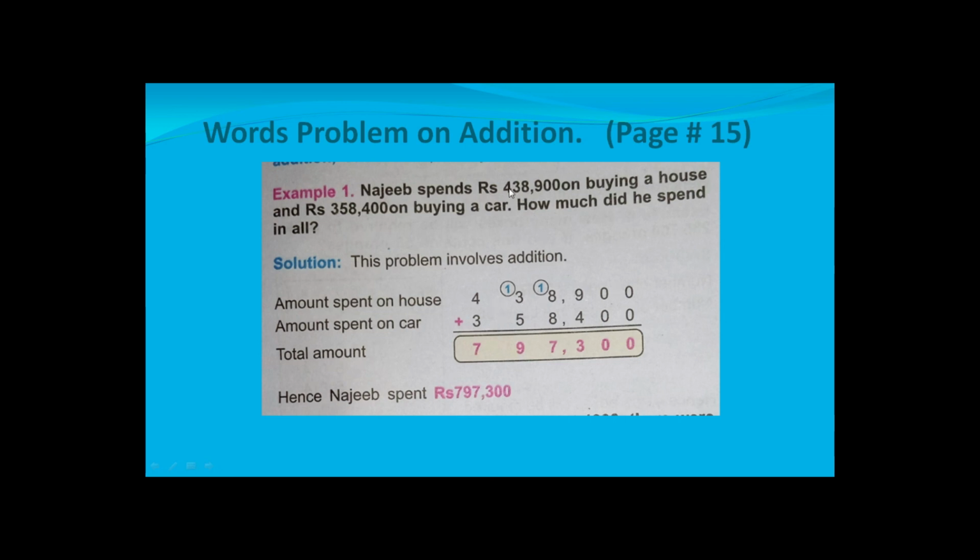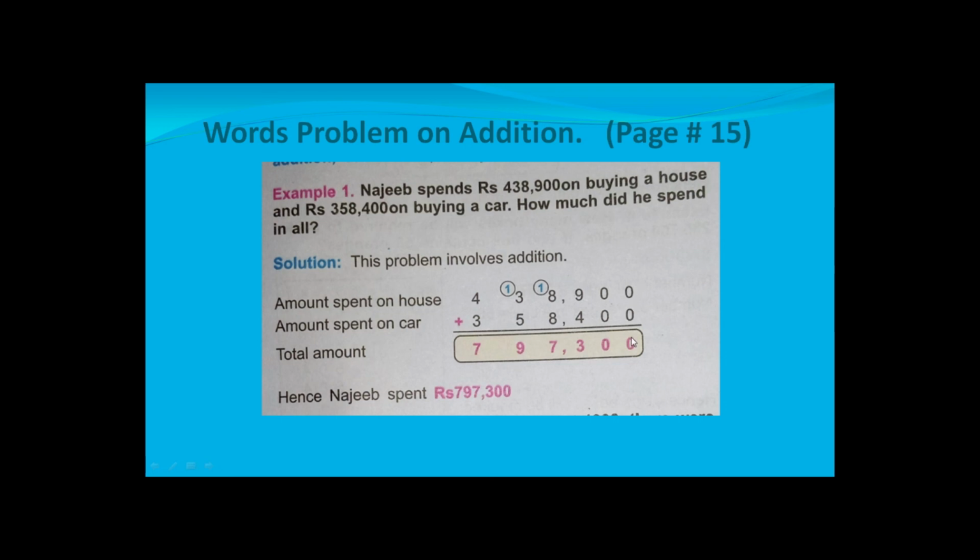As you can see, both the values are 6-digit values, so you can easily write them according to their place values. First of all, 009834, then below that value 004853. Now you have to find the total amount he is spending on buying both these things, car and a house. So now add them.